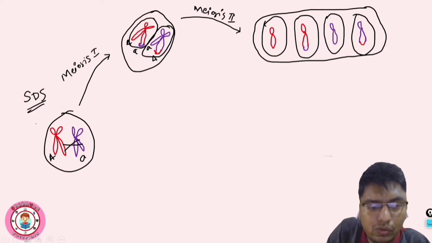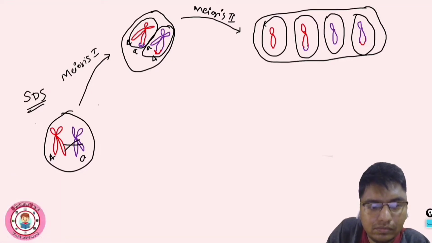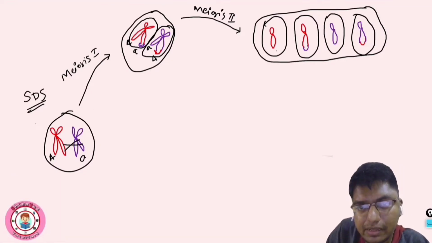Right. So what is this arrangement now? This is capital A, this is small a, this is small a, and this is capital A, okay.